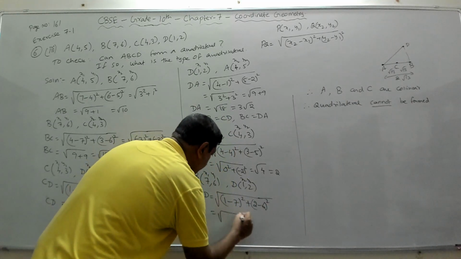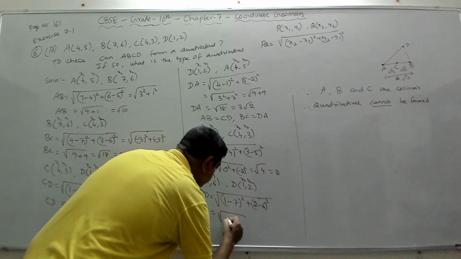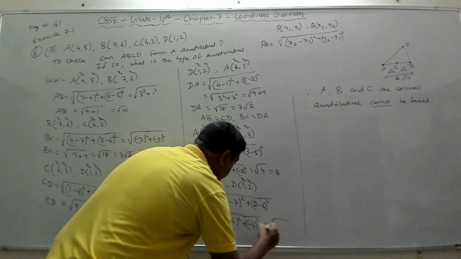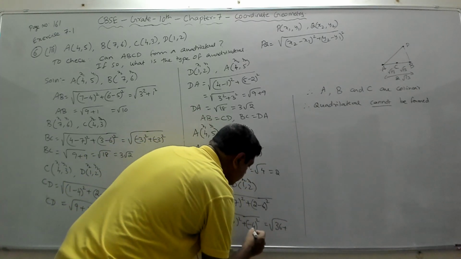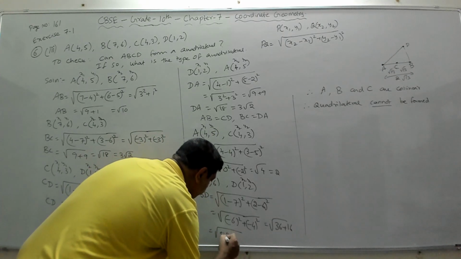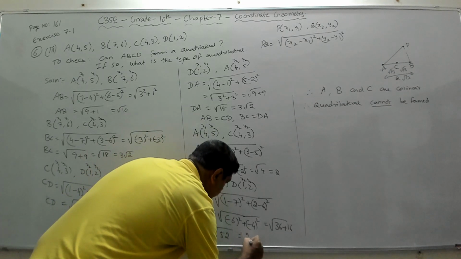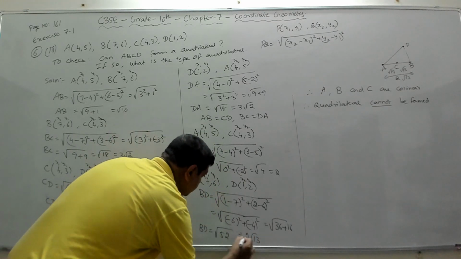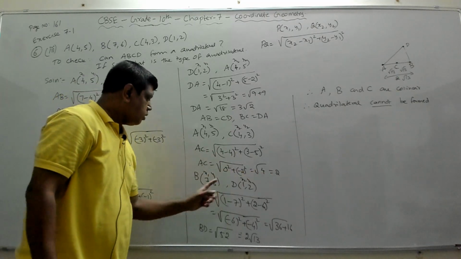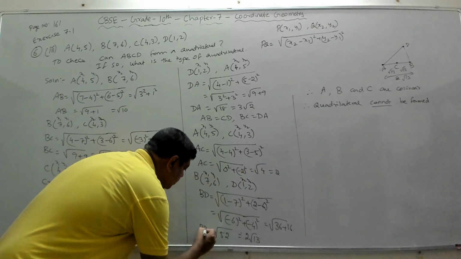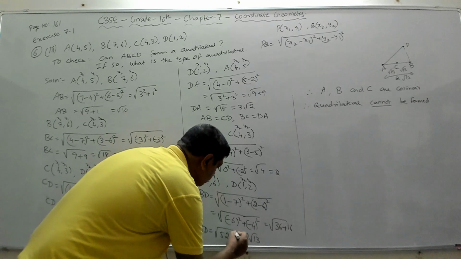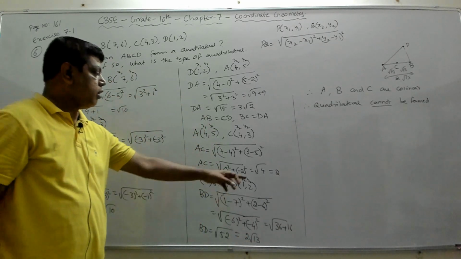So that gives you square root of minus 6 the whole square plus minus 4 the whole square. So that gives you square root of 36 plus 16. So you get square root of 52, and square root of 52 is 2 root 13. So BD is 2 root 13 and our AC is 2. So they are not equal.